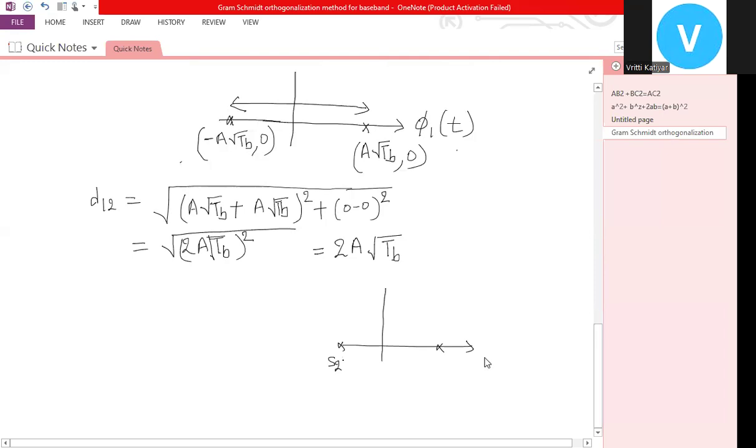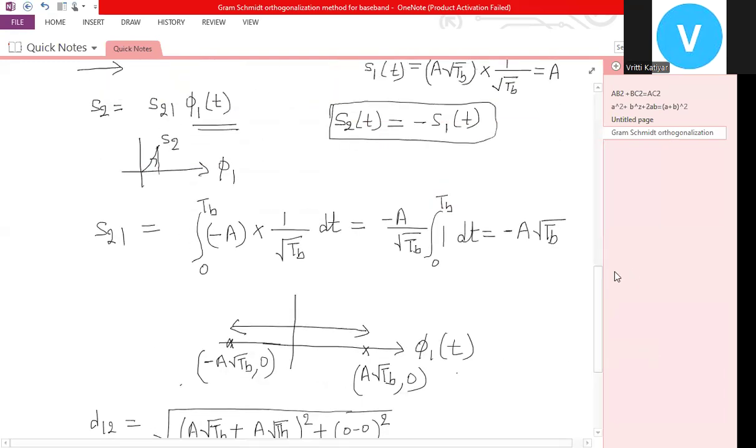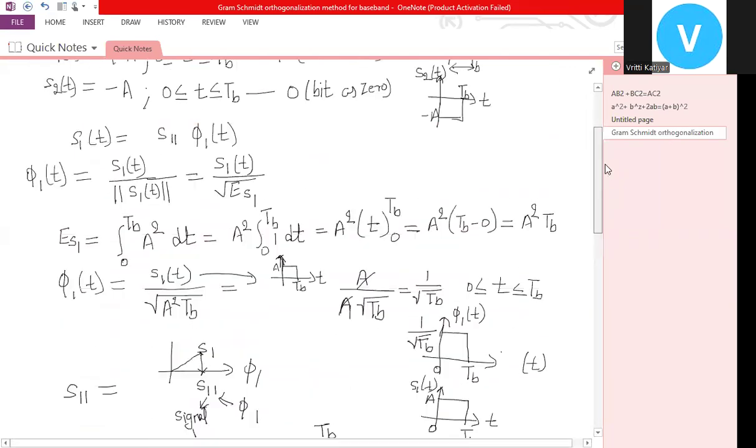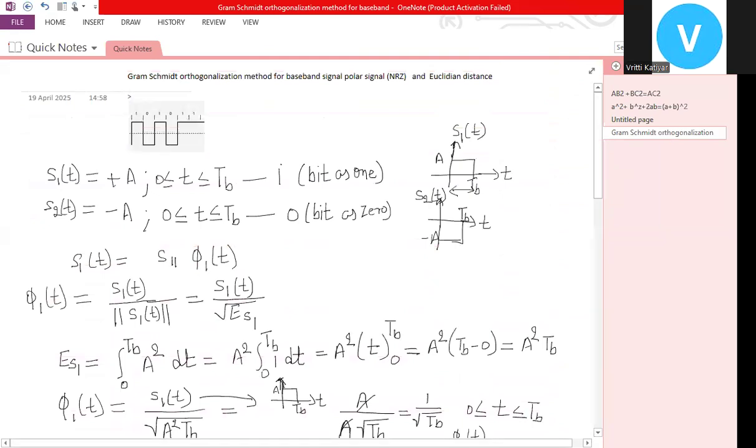This is the overall representation of our polar signal in the form of orthogonal basis. That's all.